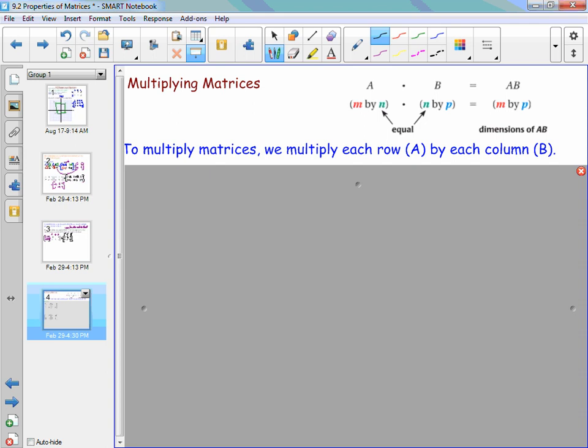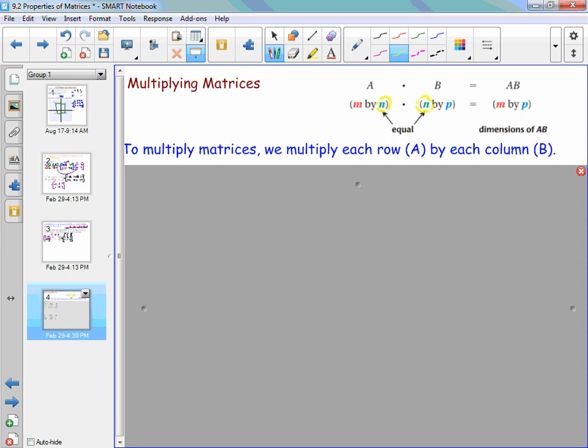First of all, when you have matrix A and matrix B, in order to multiply them, the number of columns in A has to equal the number of rows in B. And it shows here, if you have m by n and n by p, the n's are equal, and our result is m by p.